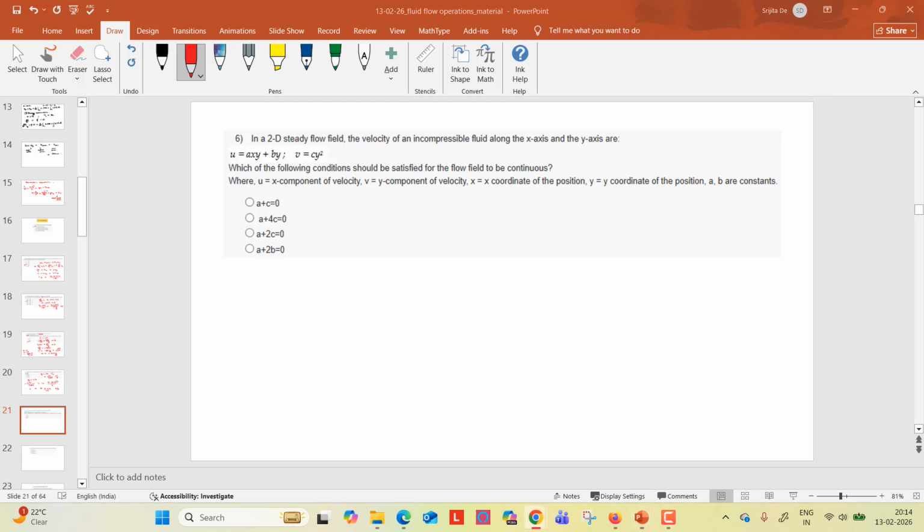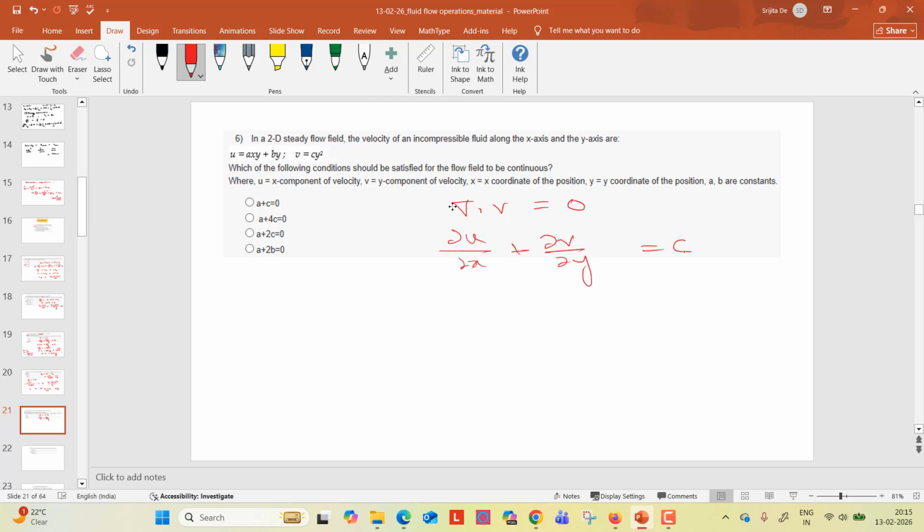Continuous means it follows the continuity equation. So for an incompressible fluid, divergence of V equals 0: del U by del X plus del V by del Y equals 0.